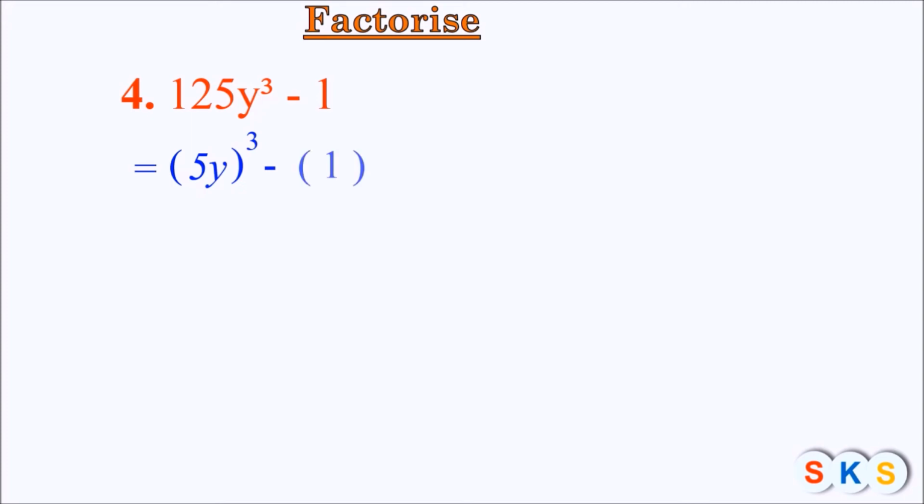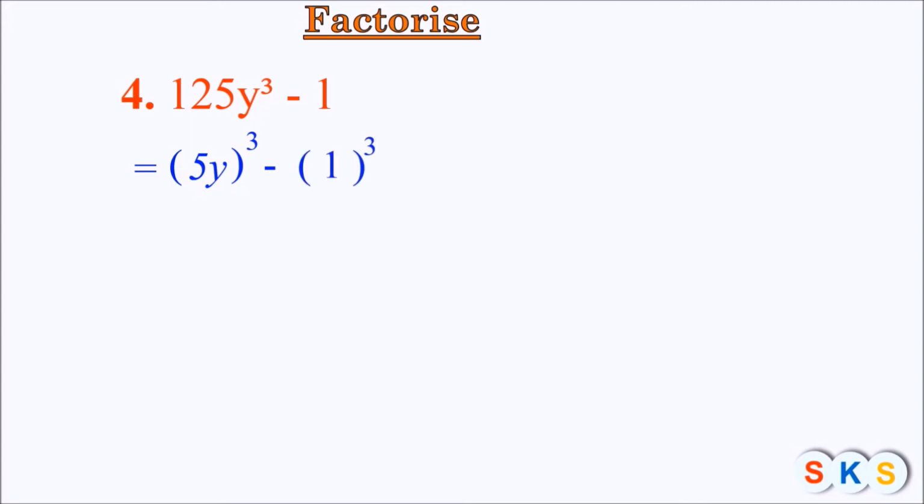So to factorize this, we will use the formula of a cube minus b cube. First of all, we will write both terms as perfect cubes. So in place of 125 y raised to 3, we will write 5y the whole cube, minus, in place of 1 we will write 1 the whole cube.